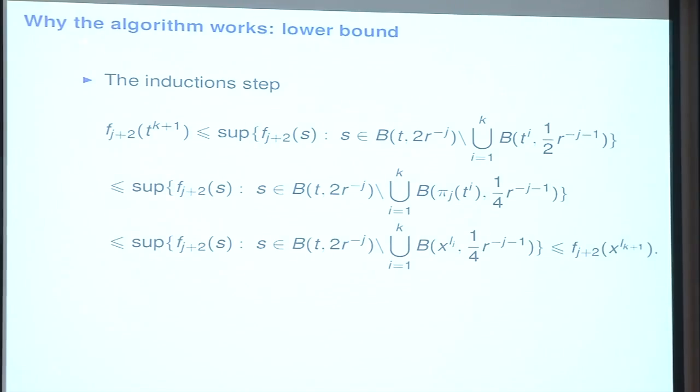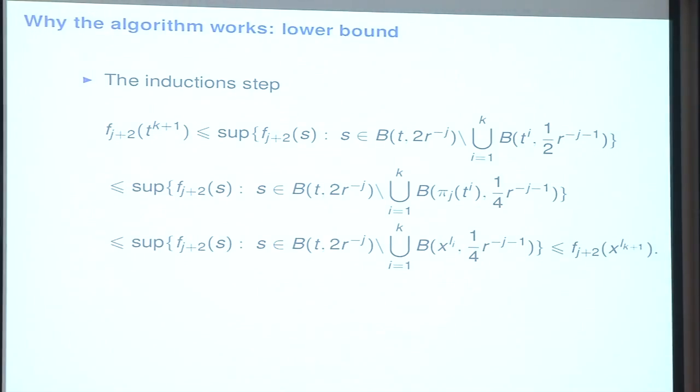So we are starting, and if we want to upper bound f_{j+2} on the point t_{k+1}, it is clear that we have to look over all possible sets, but we've removed points that were used before.